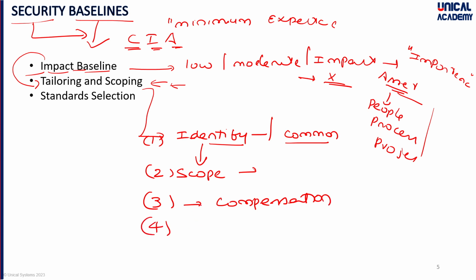After that, do the cost benefit analysis, assign the values for each control that is being considered for protecting the data. Based on that, take a call on control implementation. Those are the four steps of tailoring and scoping.